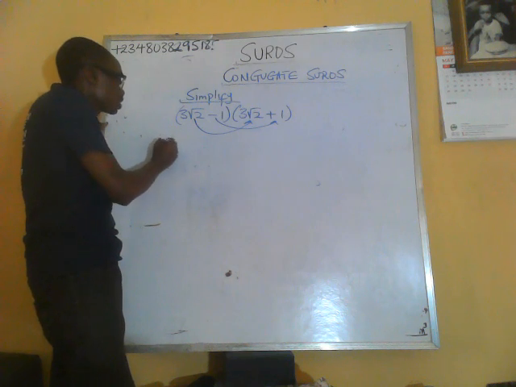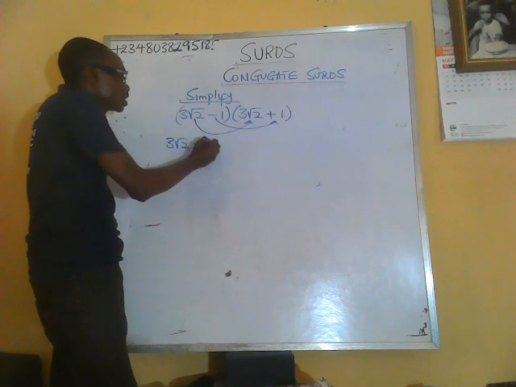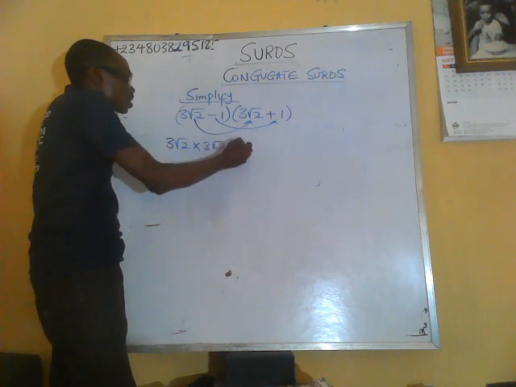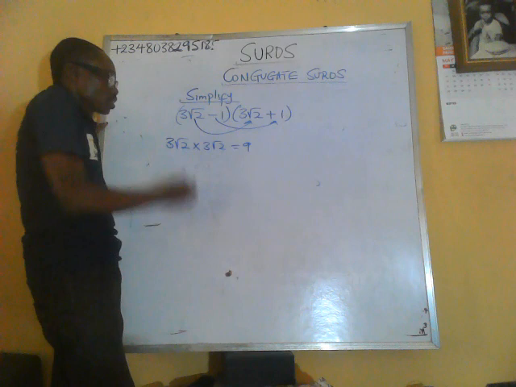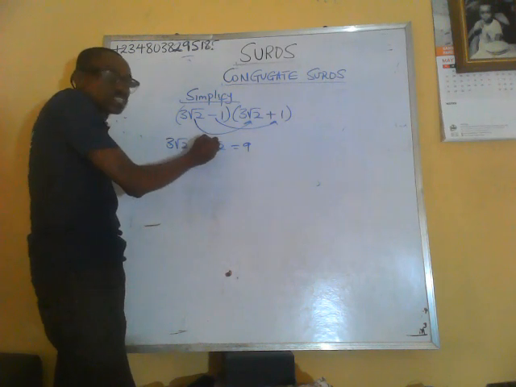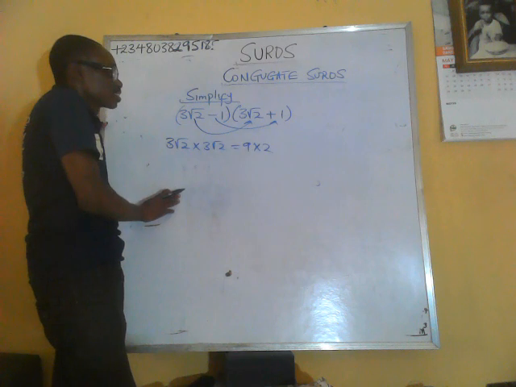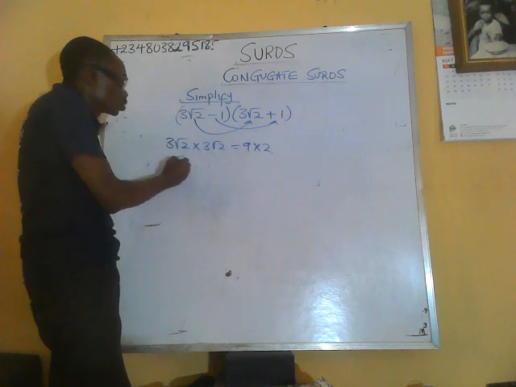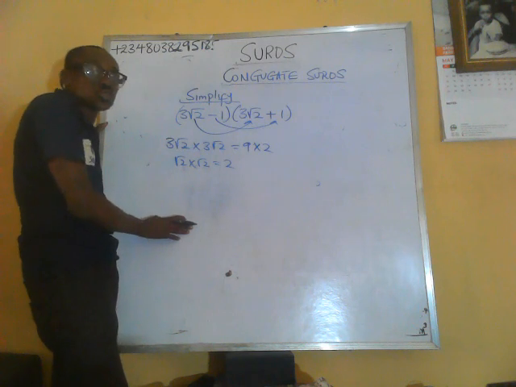So we have 3 root 2 times 3 root 2. 3 times 3 gives us 9. Root 2 times root 2 is going to give us 2. Root 2 times root 2 is equal to 2.